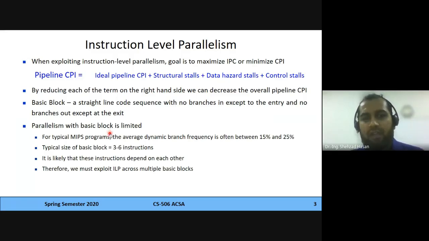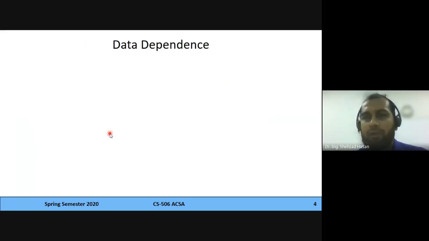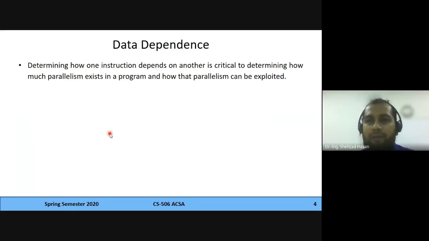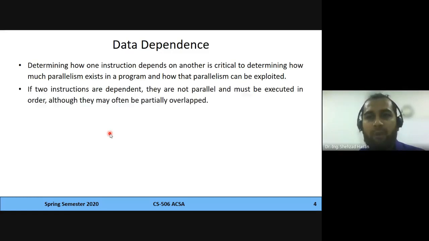So this is our main topic today, and we are talking about data dependence, but under data dependence we have different types of dependencies. Determining how one instruction depends on another is important for determining how much parallelism exists in the code, because if you don't know about dependencies, it would be hard to determine how much parallelism can be exploited.